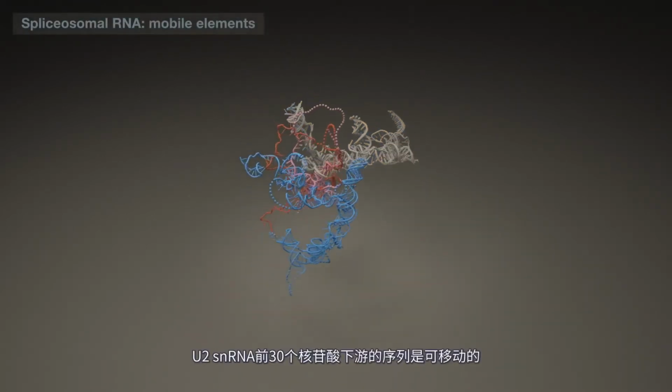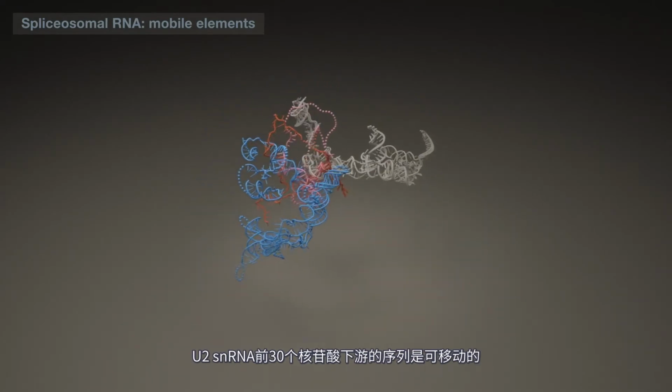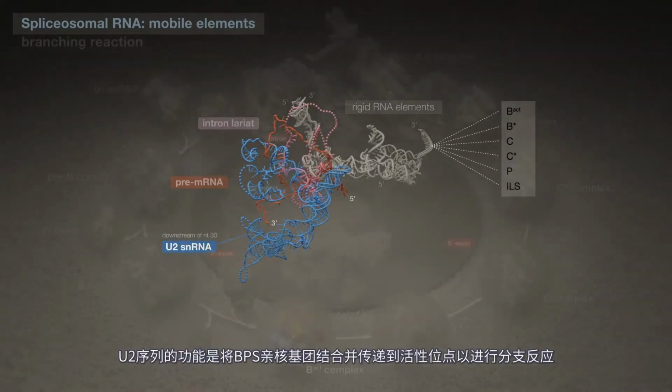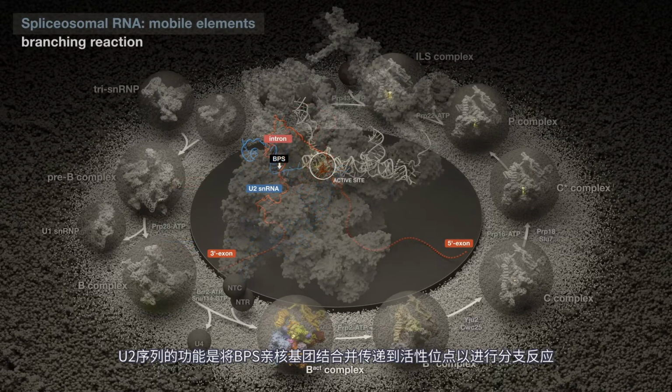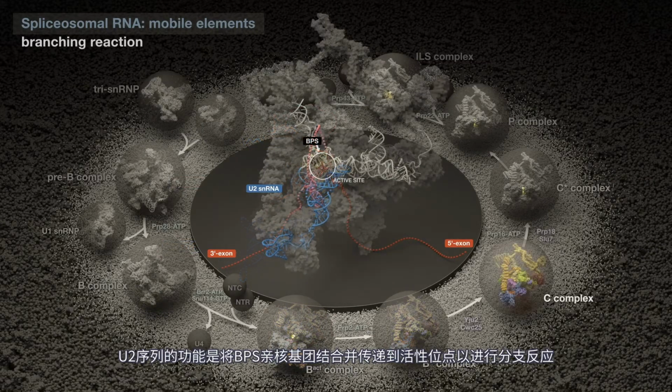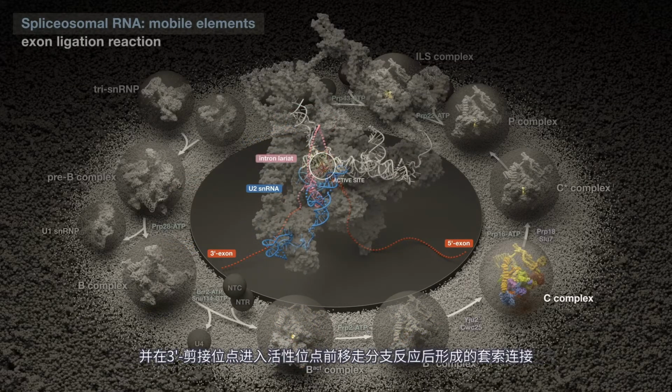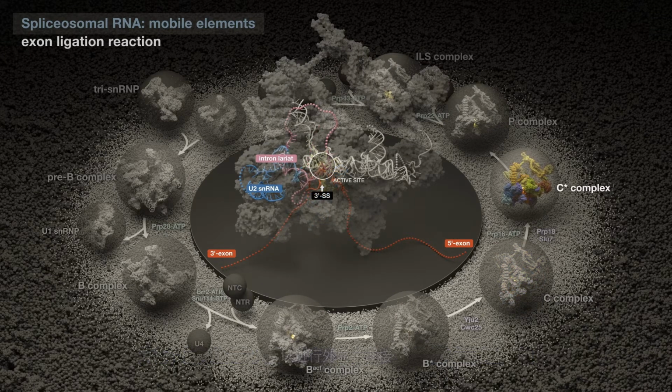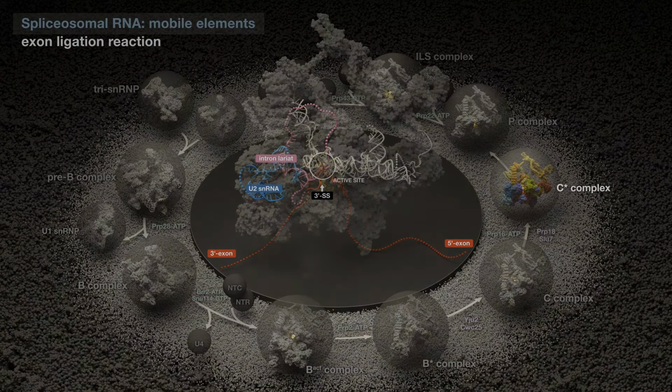U2 sequences downstream of nucleotide 30 are mobile. They function to bind and deliver the BPS nucleophile to the active site for the branching reaction and to remove the resulting lariat junction prior to 3' splice site insertion for exon ligation.